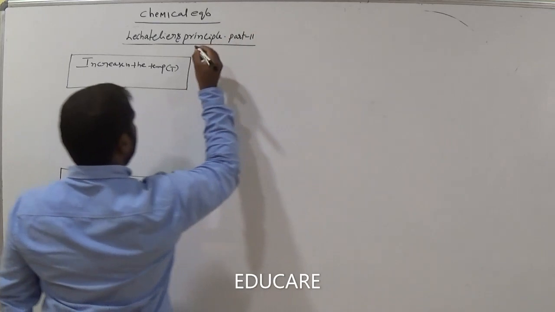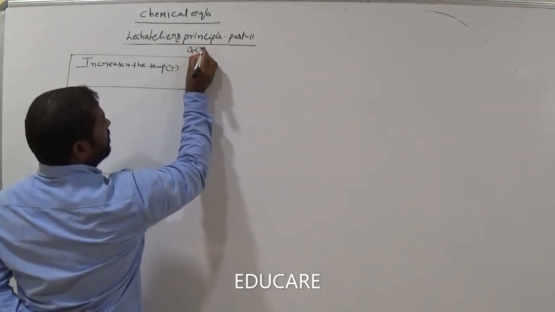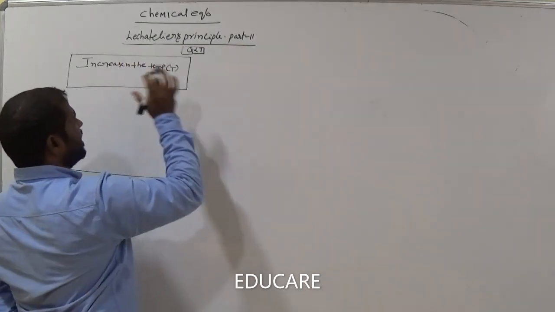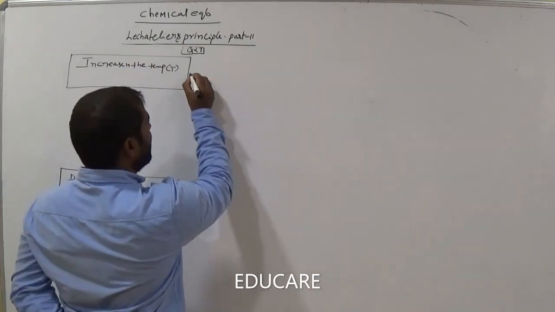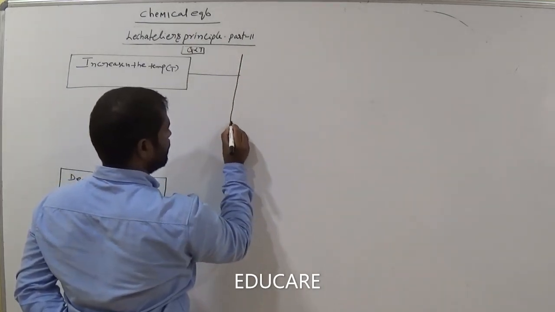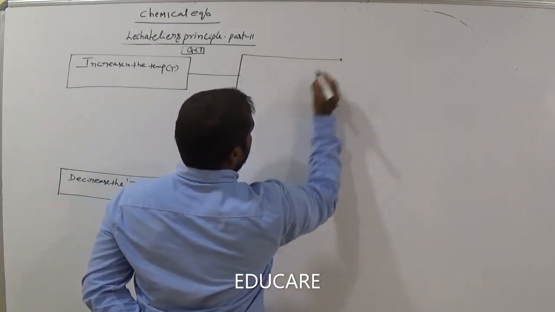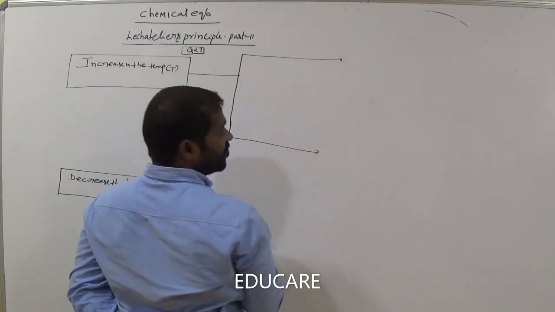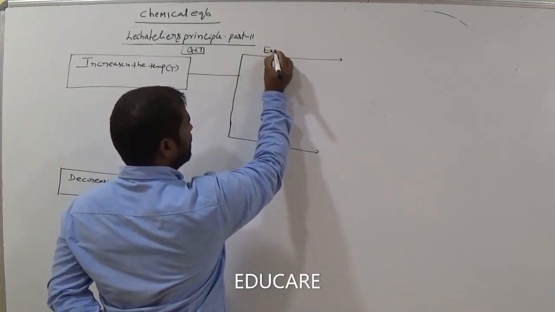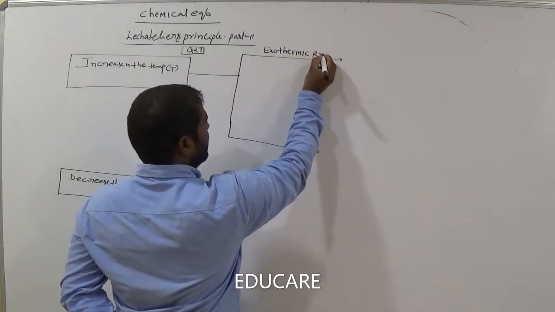We already know Q is directly proportional to T. Now we increase the temperature in the system. We have to take two reactions. In that, the first one is, suppose, an exothermic reaction.